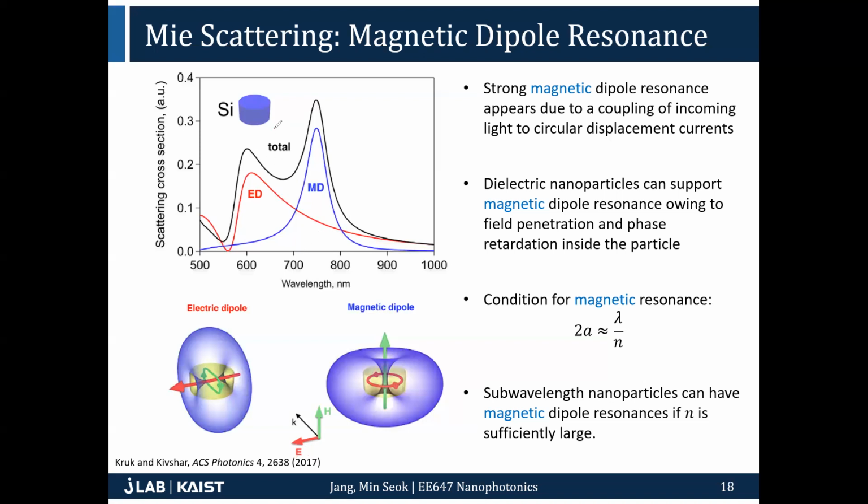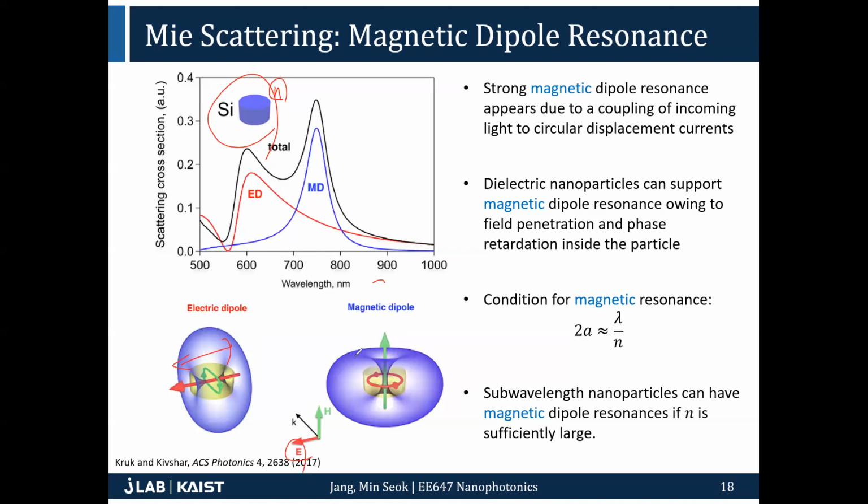So for instance, if you have silicon, as I said, silicon has a really high index. If you think about the electric dipole, it's pretty obvious, right? The electric dipole is just the oscillation of the electrons going back and forth along the direction of the electric field.